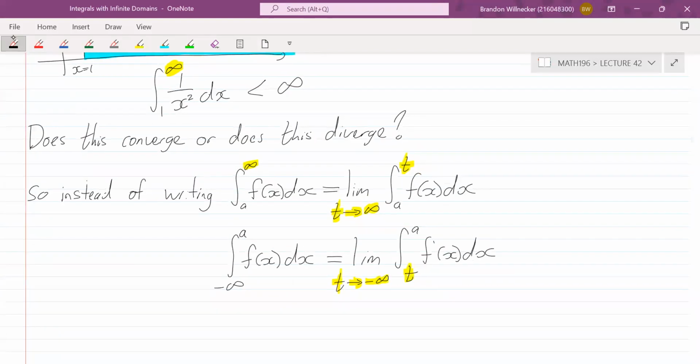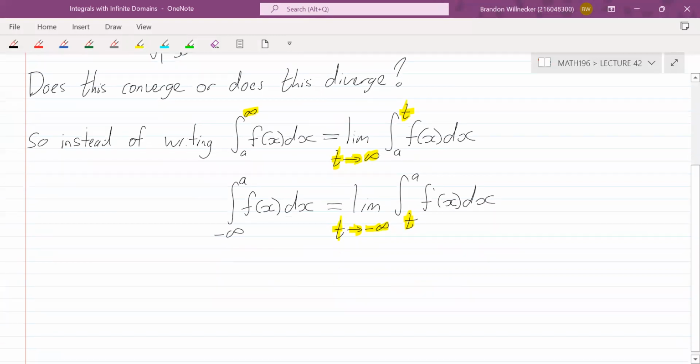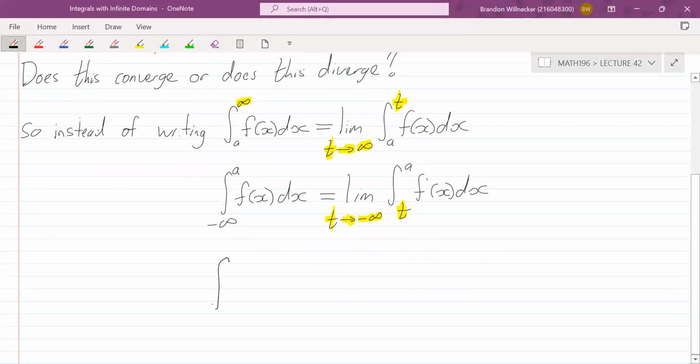Now, we could get a third situation in which we want the lower bound and the upper bound both going off to infinity. In that case, the integral from minus infinity to infinity, f of x dx, what do we mean by this? Well, we can use the property of the definite integral to split this up into two parts.